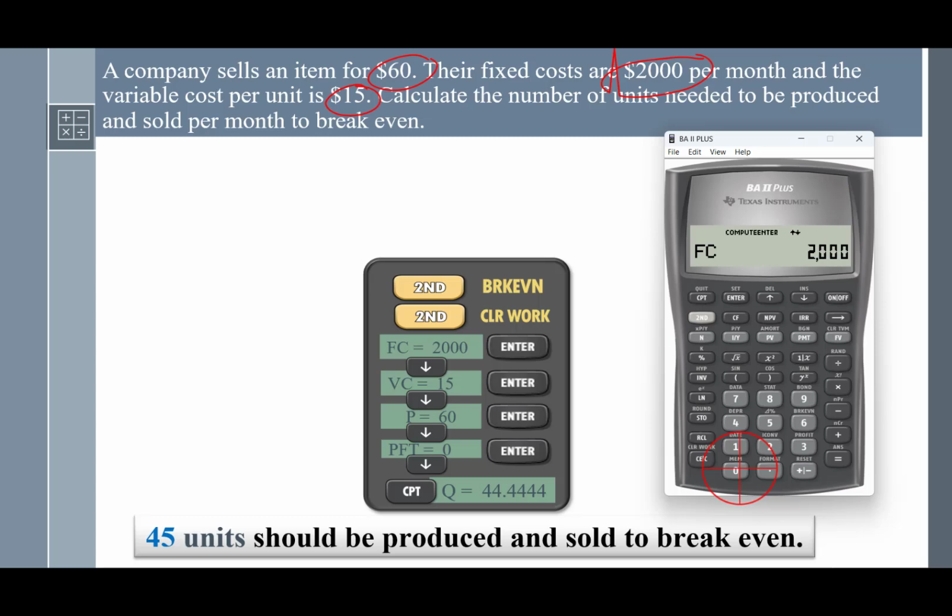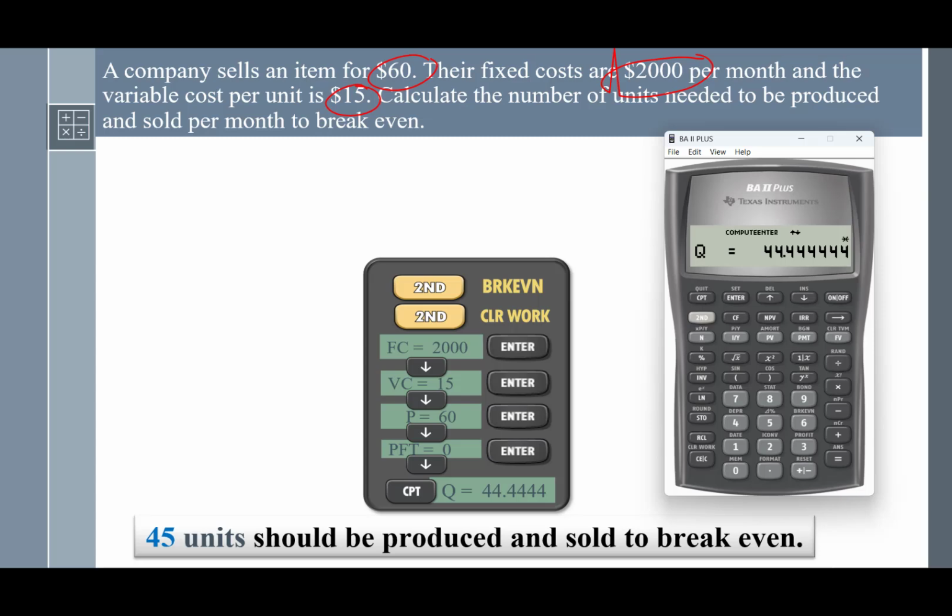We're going to press 2,000 and don't forget to press enter. Press down. Variable cost $15 per unit. Press enter. Selling price $60 per unit. Press enter. Profit is 0, so I'm going to leave it 0. Go down to the quantity and press CPT. And it will give me the break even point.